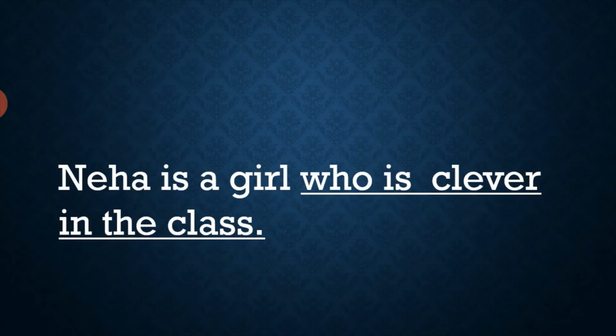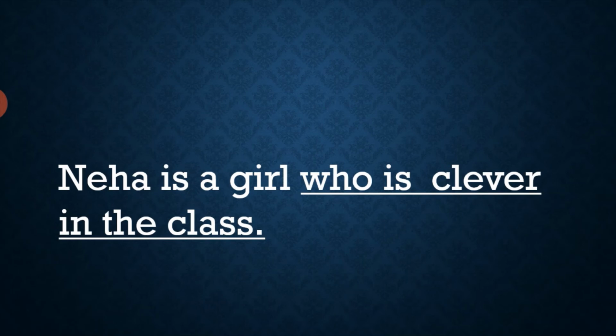Okay, so this is one more sentence: Neha is a girl who is clever in the class. Now here a group of words is underlined, but now what's happening here is that there is a subject, so try to understand: who functions as a subject and is functions as a verb.